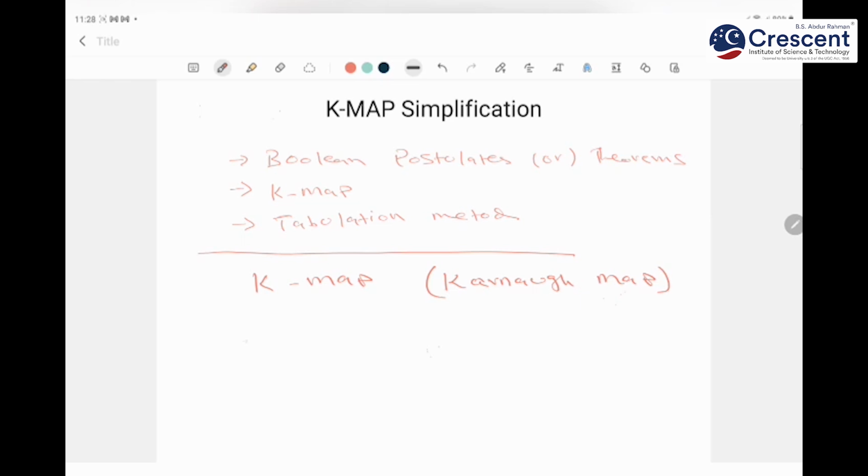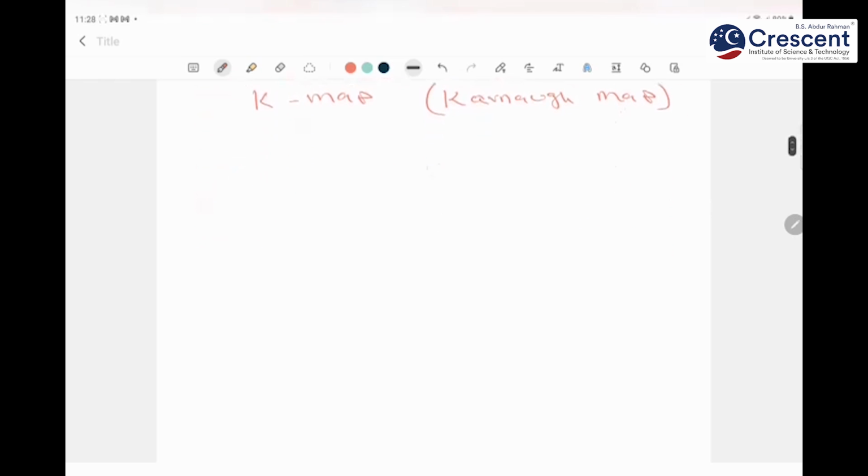Okay. So now, getting into the coordinate map, you should know what the different types of coordinate maps are. A single variable K-map is possible.